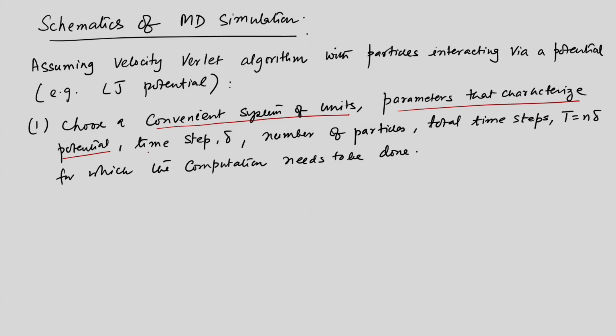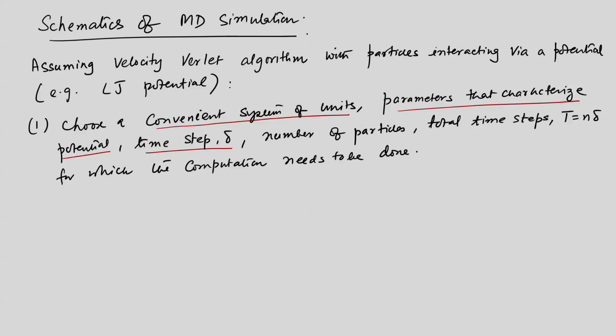Time step is again a very important thing. We have seen that the numerical stability and possibilities of getting physical solutions largely depend upon this choice of the time step delta. In fact, if one chooses a large time step, then it may not be possible to get a physically meaningful solution. And of course, the number of particles.